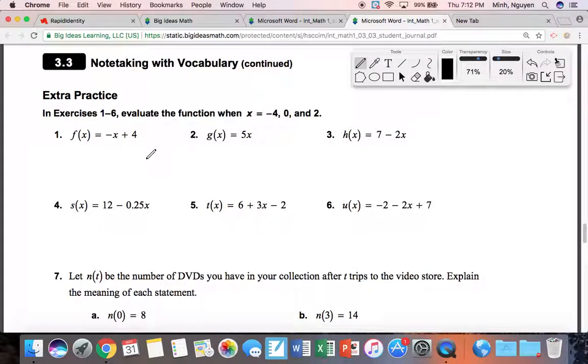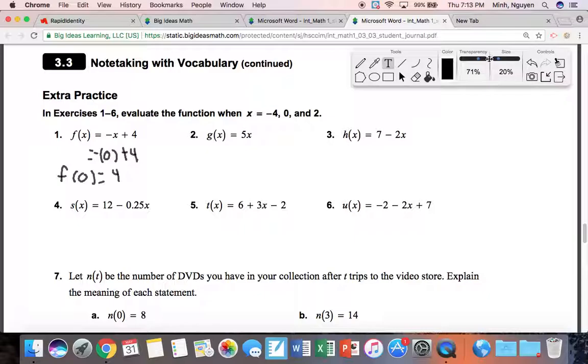So you're going to do that 3 different times for each of these problems. It sounds kind of like a hassle, but really it's just to help you get into the good practice of substitution. So -(0) plus 4 is 0 plus 4. So f of 0 is equal to -(0) plus 4, which is 0 plus 4, which is 4.